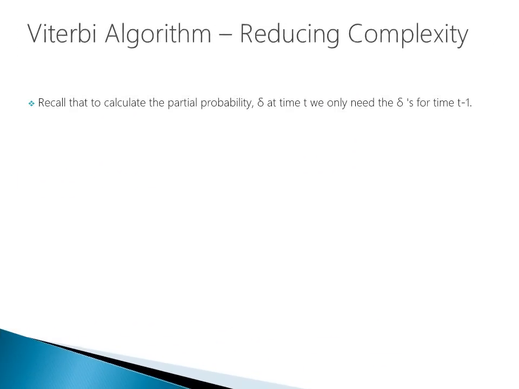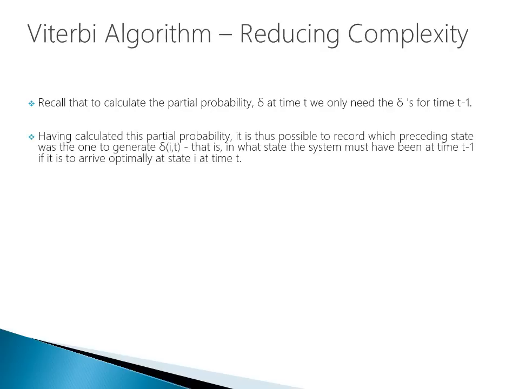Recall that to calculate the partial probability delta at time t, we only need the deltas for time t minus 1. Having calculated this partial probability, it is thus possible to record which preceding state was the one to generate delta i of t.